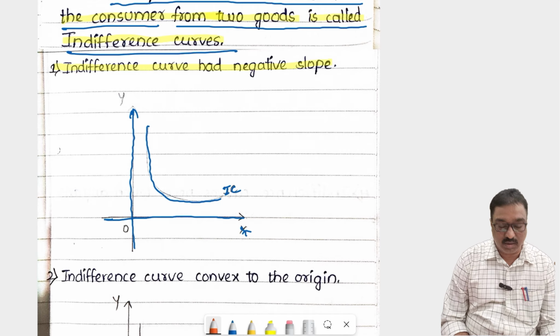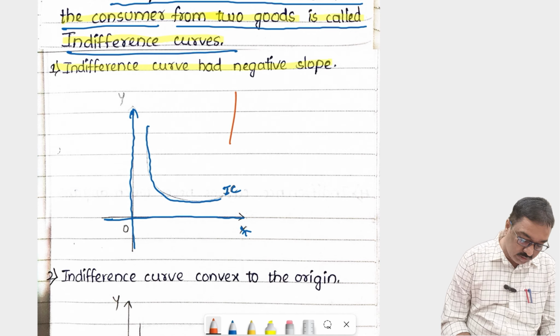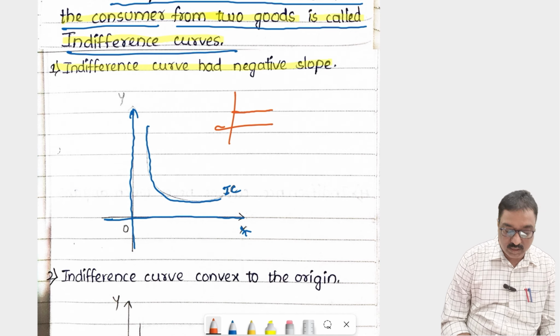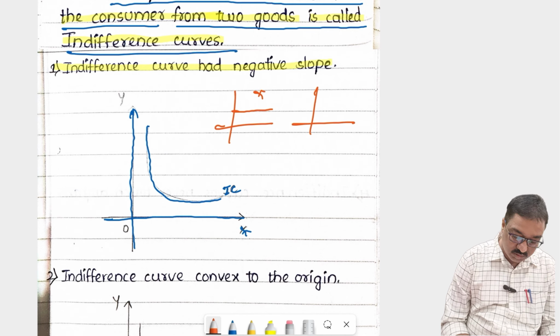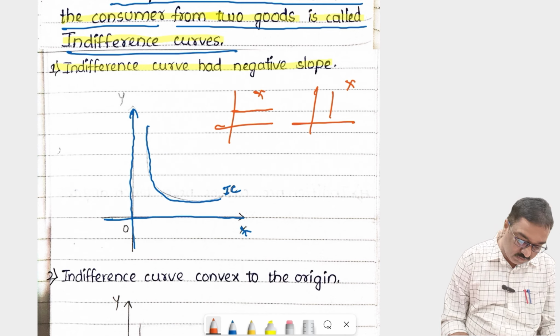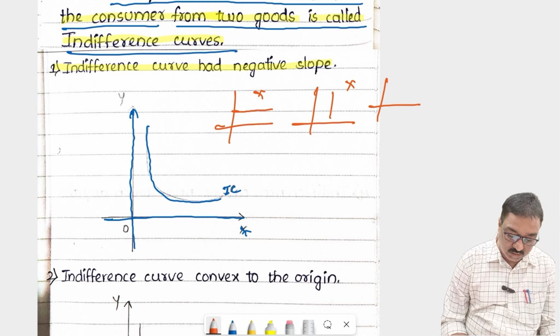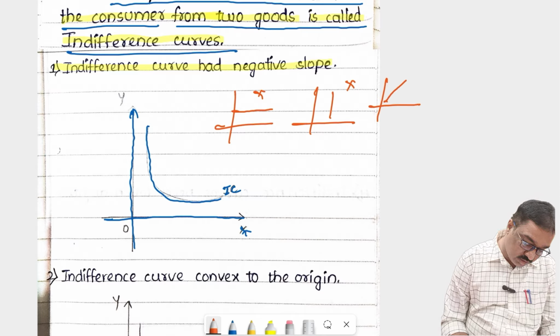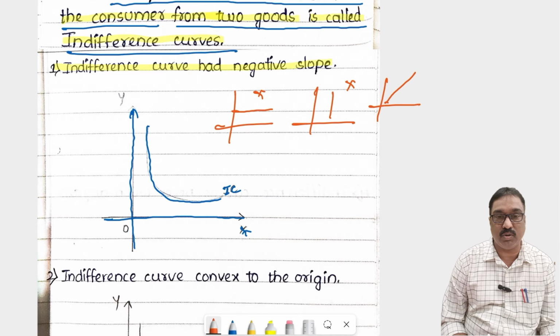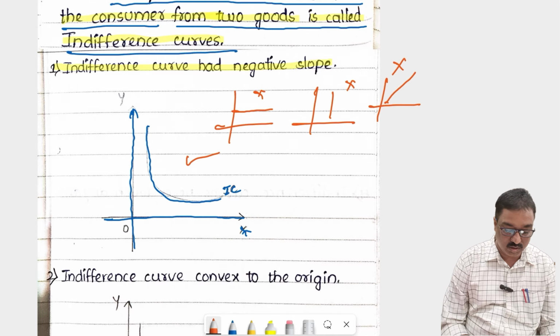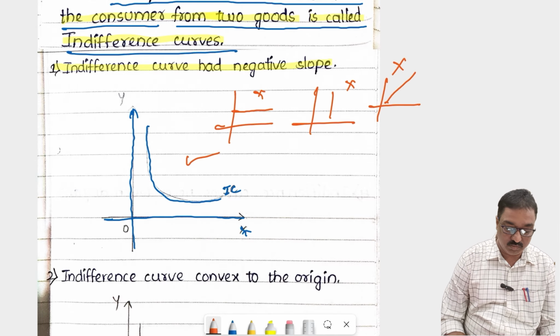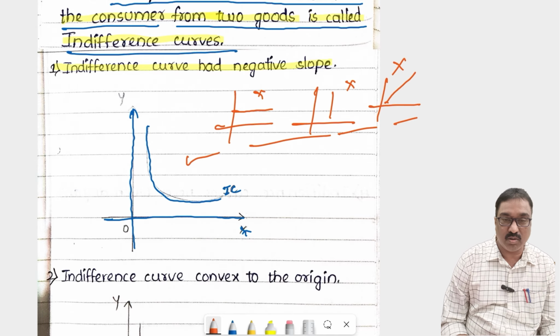If the indifference curve is a straight line parallel to the x-axis, this is wrong. If it goes vertical to the y-axis, this is also wrong. If it goes straight from left to right upwards, this is also wrong. So these three are wrong.